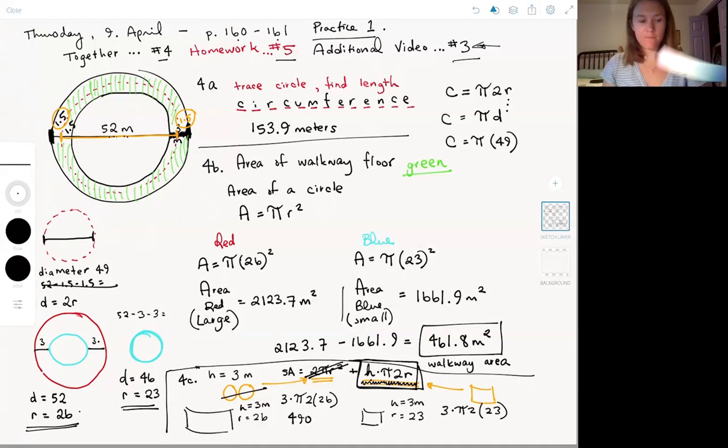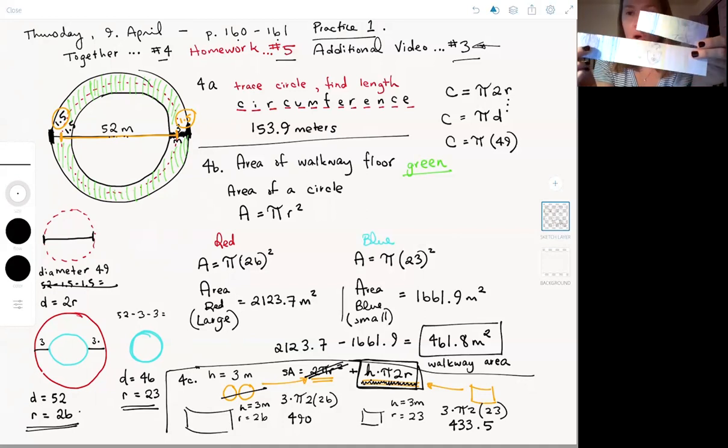Okay. And then the area of my small cylinder, when I turn it into a rectangle, is going to be 433.5. But I don't want to just know one, I want to know both of them.